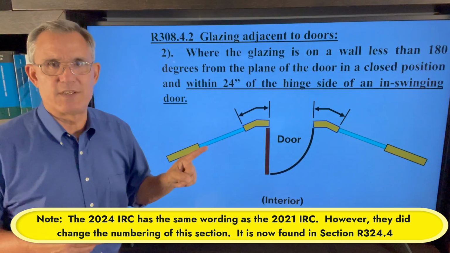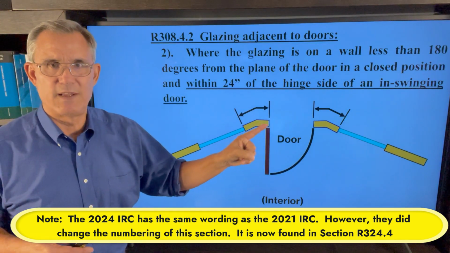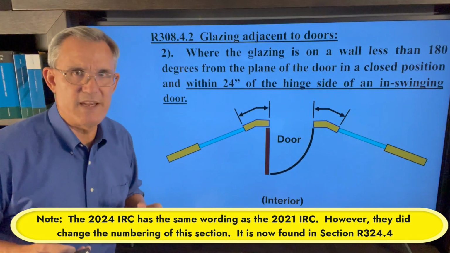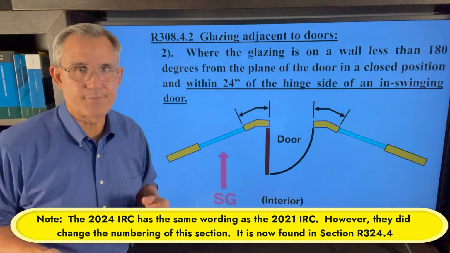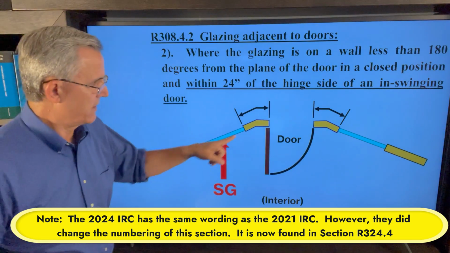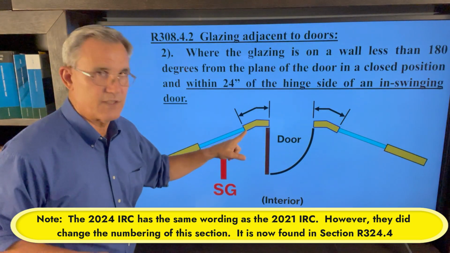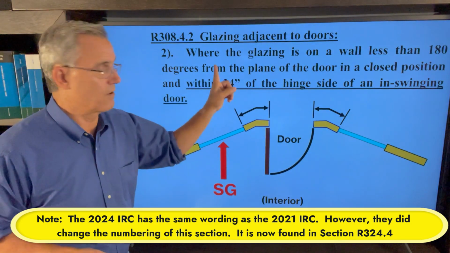So you would think, if I'm inside the house and I measure less than 24 inches here or here, both would be safety glass. Guess what? This one, here's the hinge side of an in-swinging door. Let's say this is less than 24 inches to the glazing.